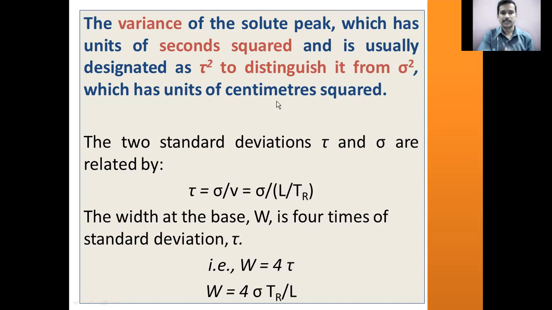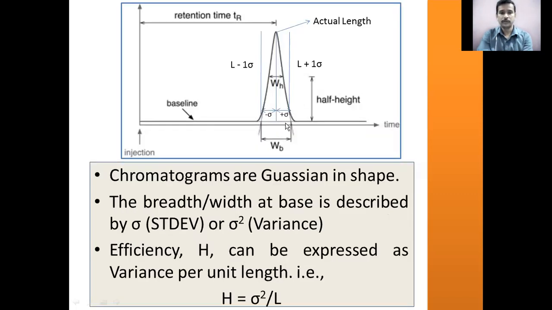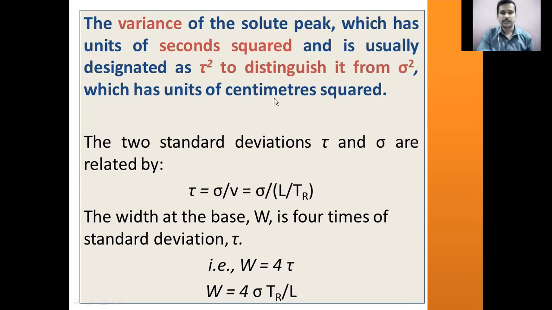Distance is measured in centimeters. So tau square has the unit of centimeter square. Instead of second square, we will use centimeter square. If you assume here the distance occupied by the individual band in this individual chromatographic peak, distance can be expressed in terms of centimeters. So variance can be substituted by tau square, a new term, which has a unit of centimeter square.